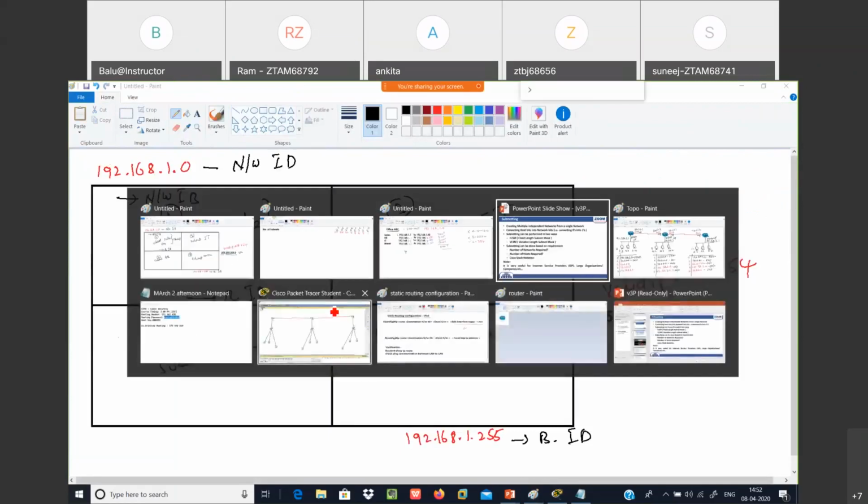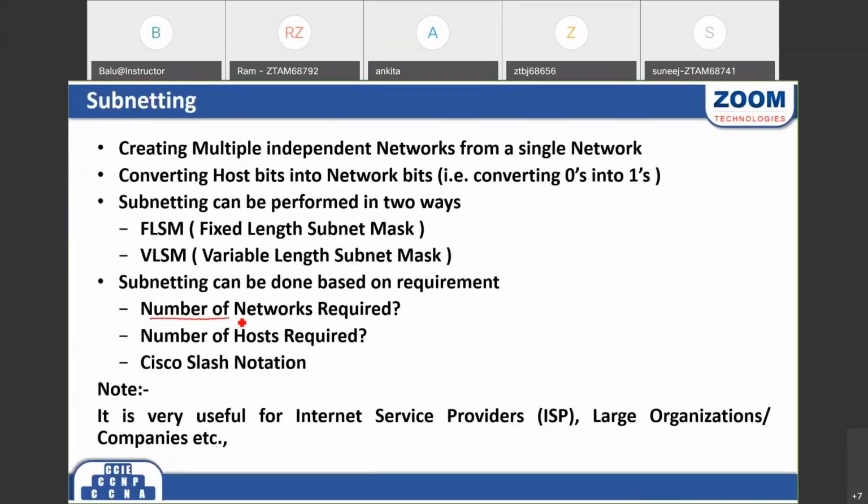So first, our calculation is based upon what, guys? Number of networks required.